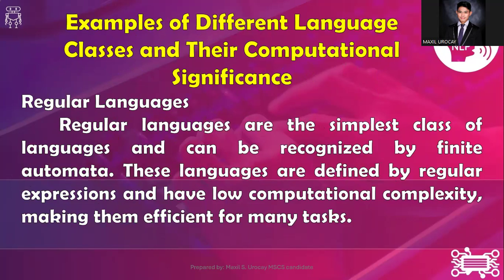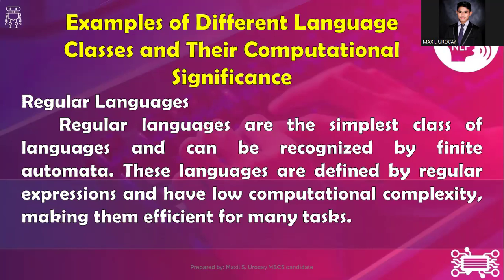Now, let's move on to the regular language. These are the examples of the regular language class and their computational significance. These are the simplest class of languages and can be recognized by finite automata. These languages are defined by regular expressions and have low computational complexity, making them efficient for many tasks.